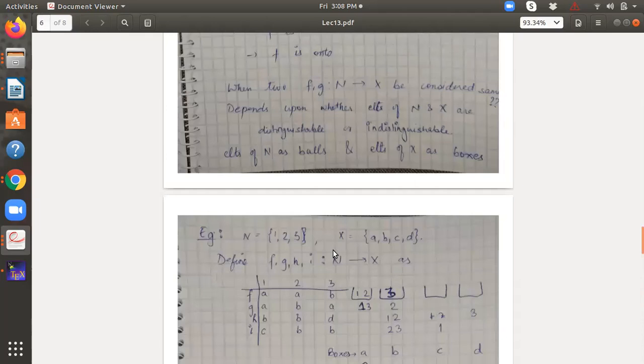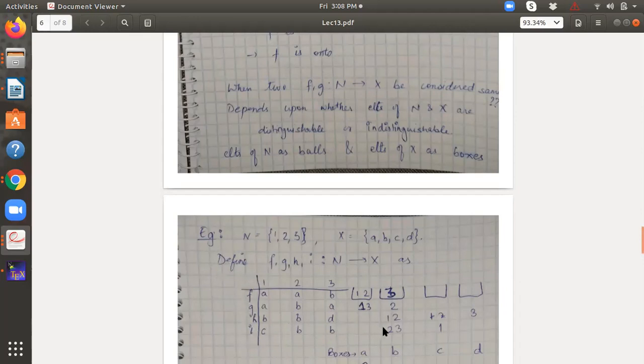Do not confuse it: whenever you consider any set of functions from n to x, regardless of n and regardless of x, if the elements of both of these sets become indistinguishable, then all the functions are going to be equivalent. That is not the case. This is happening only for these particular functions here, right?